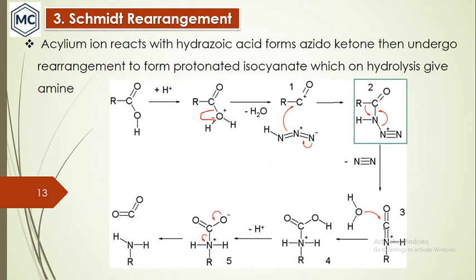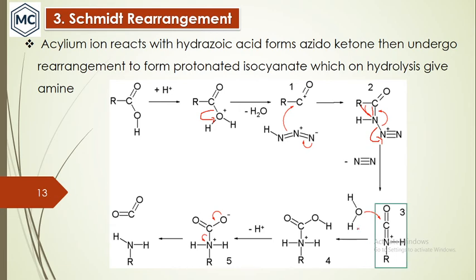This forms an intermediate like this, and this is protonated isocyanate. This nitrogen group detaches or leaves from here, and this one forms a double bond, and this R migrates towards this nitrogen, and it forms RNH plus CO. This is isocyanate itself, but it is protonated isocyanate.